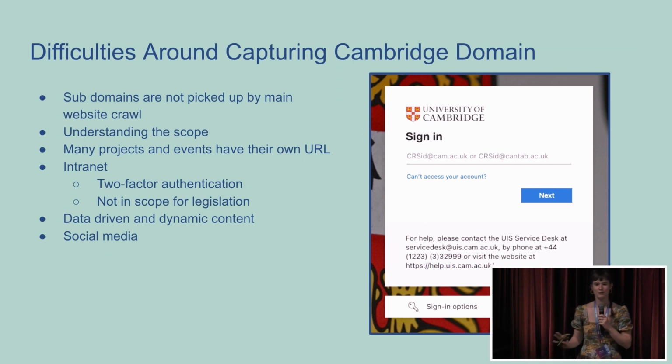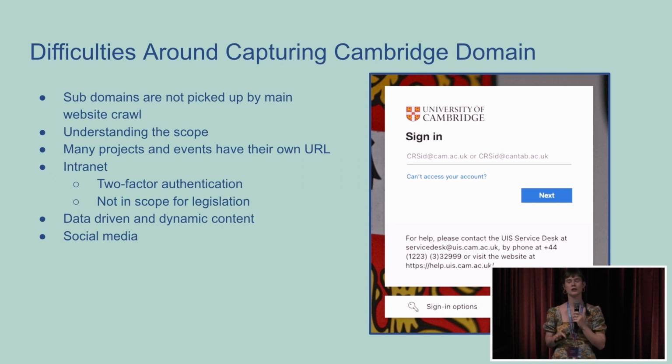So just to summarize again, around the difficulties of capturing this domain, I mentioned the subdomains before. I just mentioned the intranet, so there's a whole bunch of intranet material available as well, and that's not in scope for legislation.